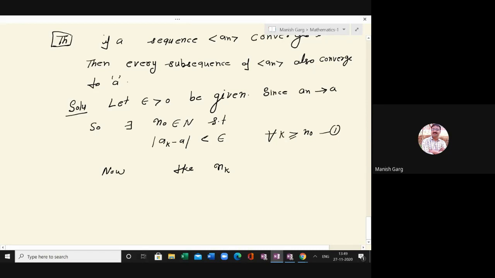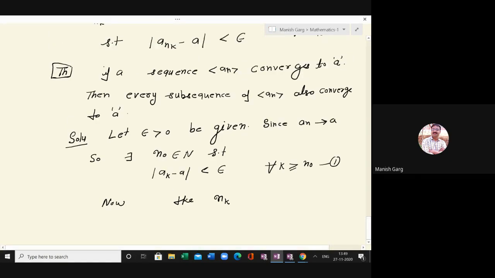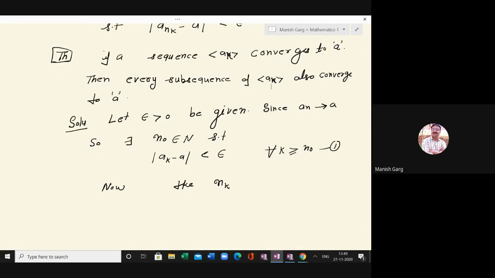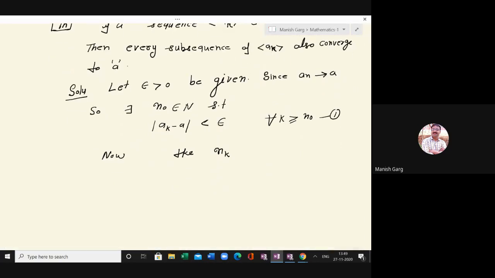There is no problem because k is an element of N. So here |a_k minus a| is less than epsilon for all k greater than n naught. Now I have this relation.